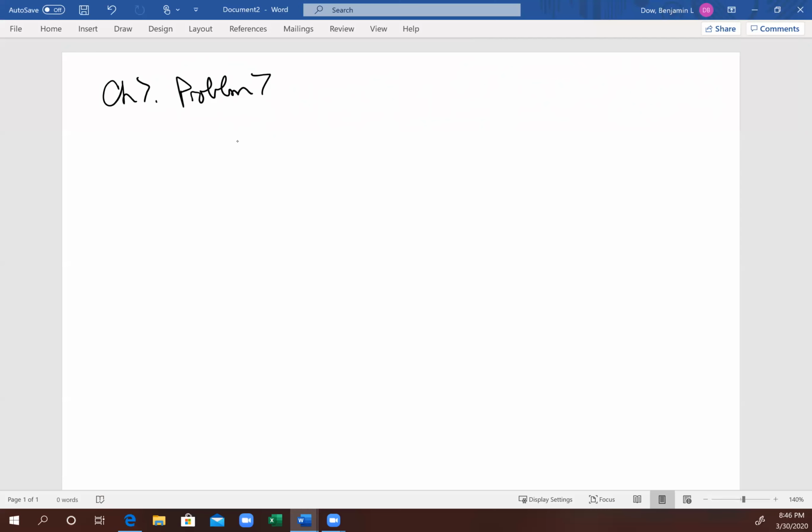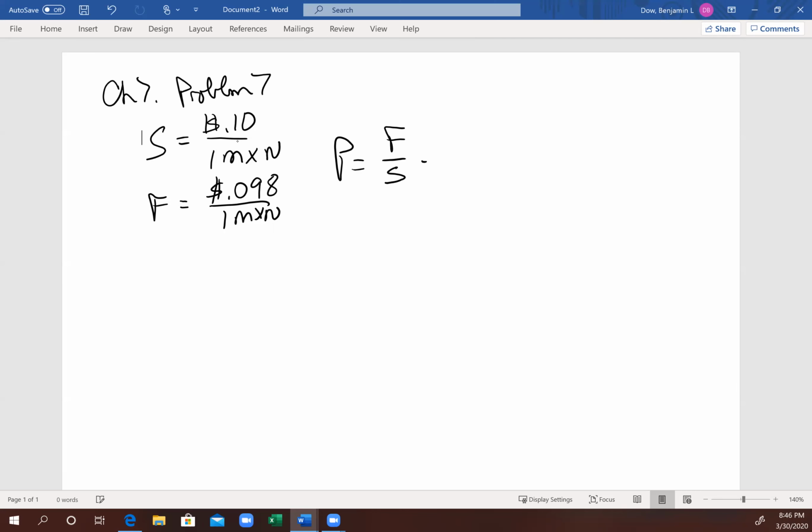So if we look at the spot rate of 10 cents per peso and a forward rate of 9.8 cents per peso, and we can look at the premium determined by the forward rate divided by the spot rate minus 1, we're seeing a forward discount of around 2%.